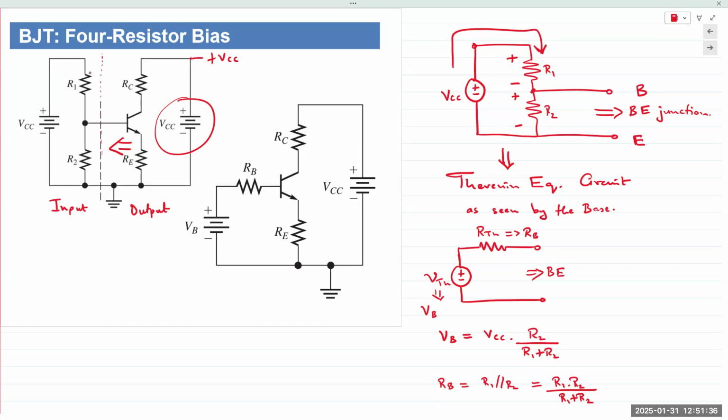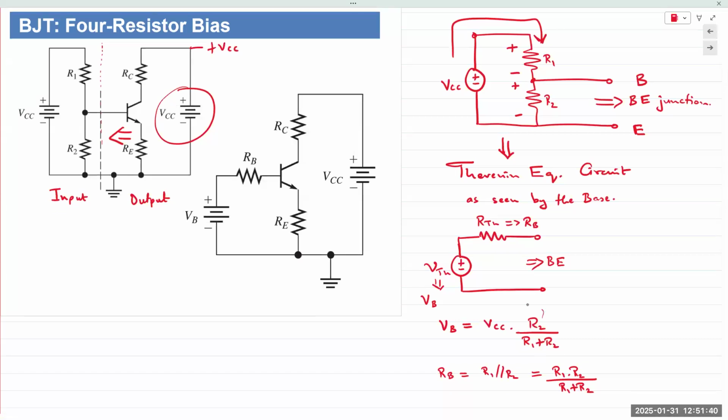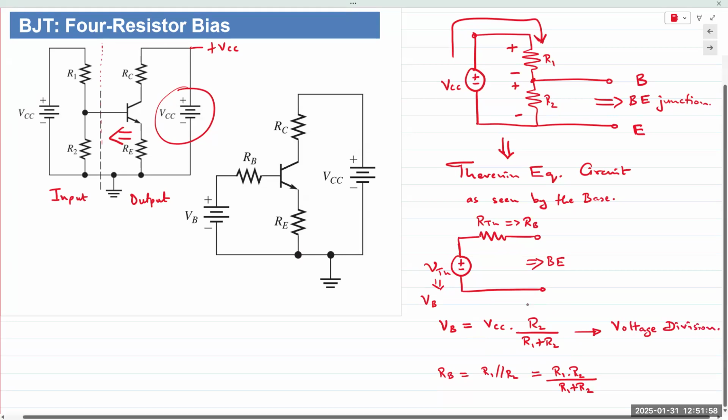So we simply find VTH as VCC times R2 over R1 plus R2. This is voltage division.